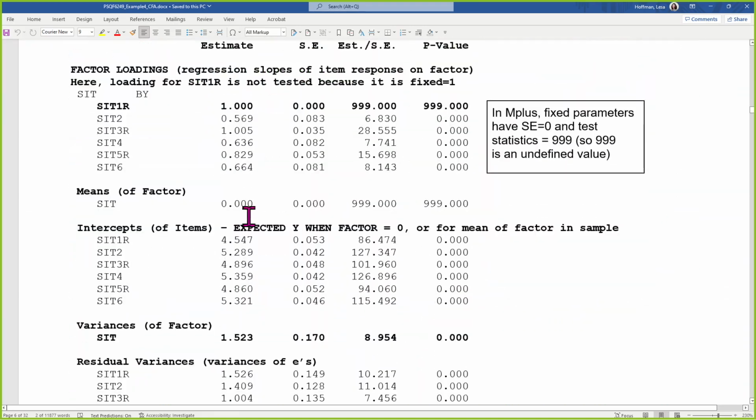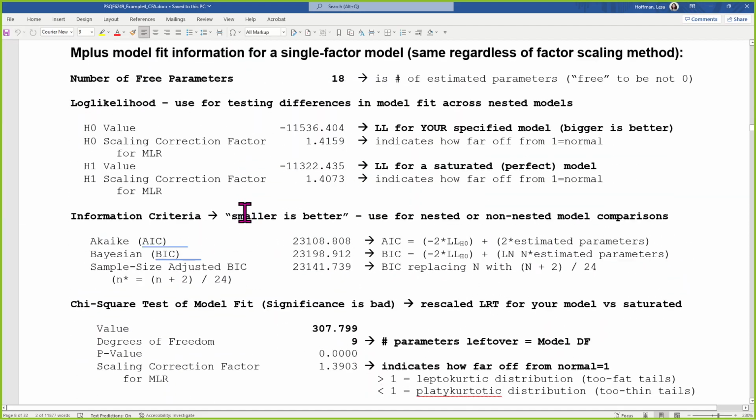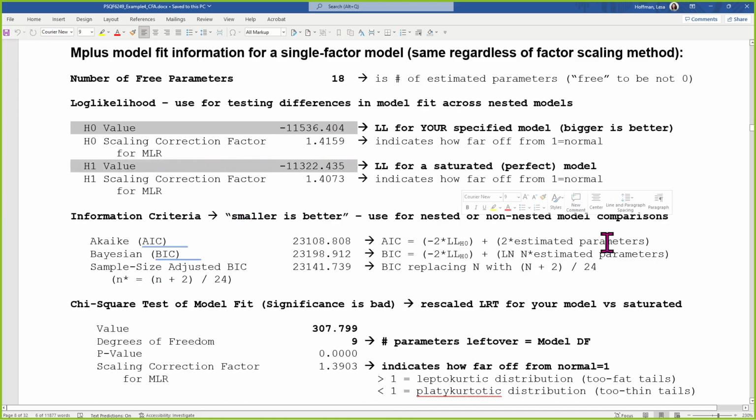So is one factor good enough? That's what we need to look at for the global fit. So H0 versus H1. That's the idea of how much worse than perfect is my model, or perfect is H1. Perfect is the saturated model where we just estimate what the means, variances, and covariances want to be and figure out how tall that makes the data, where tall is log likelihood. Now, do I need to do the likelihood ratio test to compare these two log likelihood values?